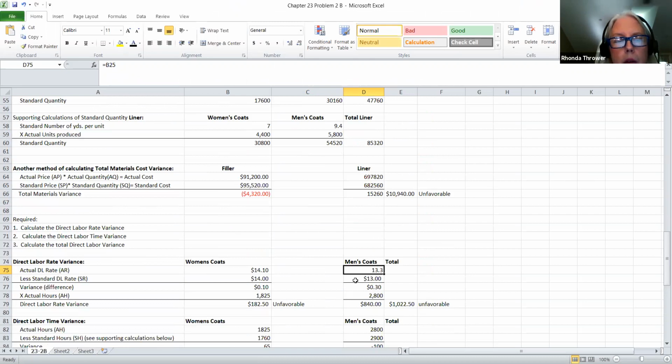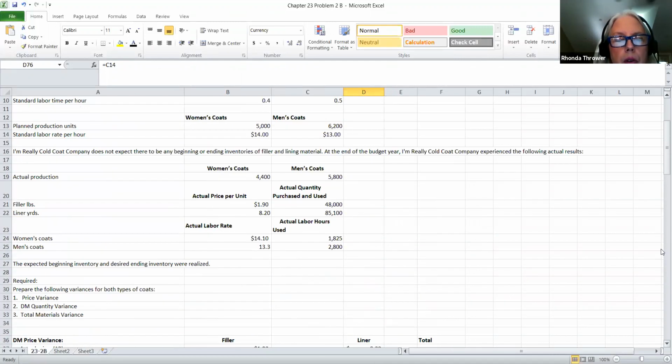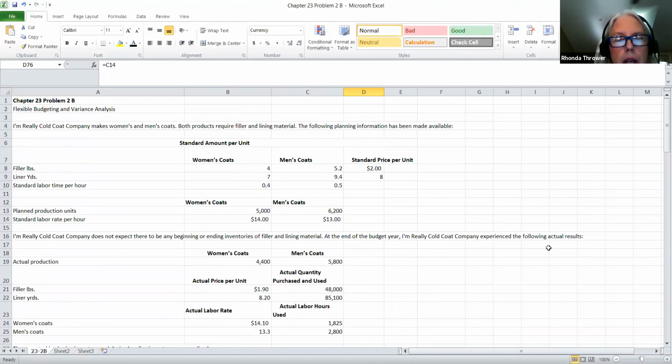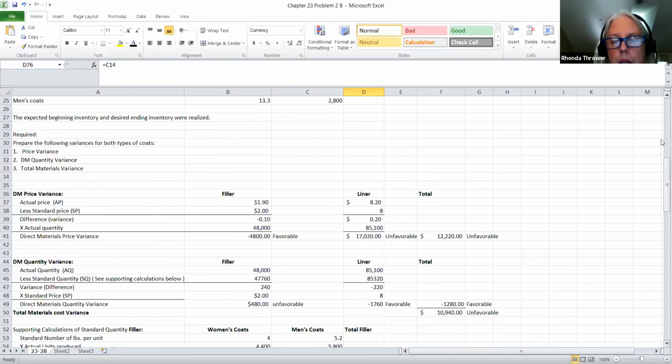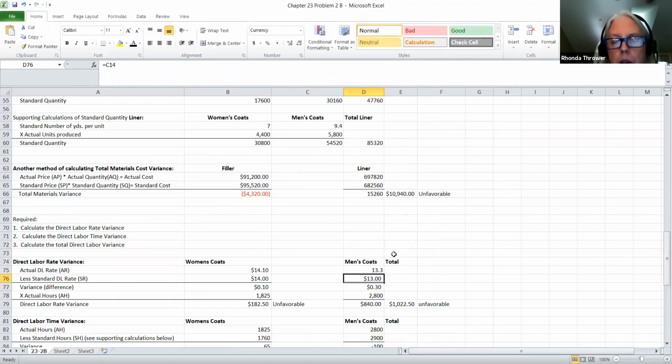We're going to compare it with the standard labor rate for men's coats. So the standard labor rate for men's coats was $13 in this case. So we're going to compare the standard amount with what actually happened.